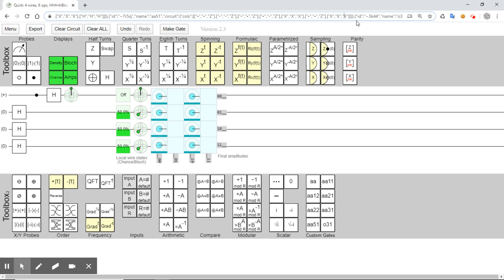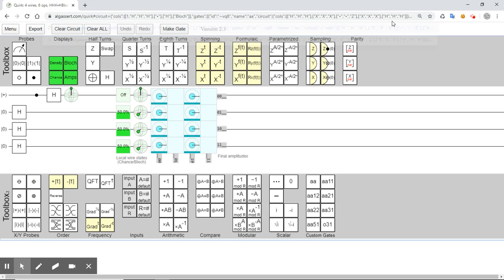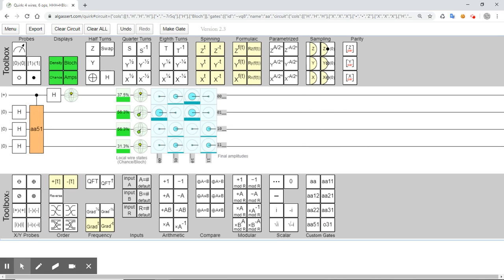So if I do this, it's appended there. And O31, okay. So if I now use A51, what do I get here? 37.5% of measuring one.